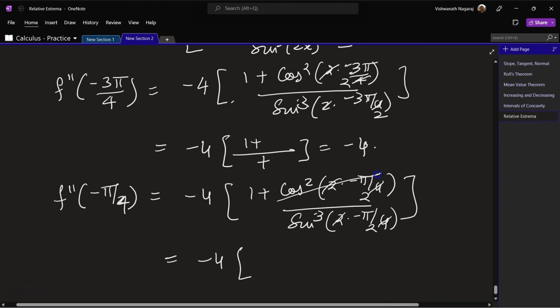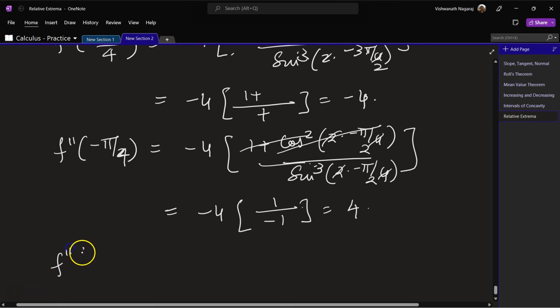This is positive. This is going to be positive. Now we have to figure out only this. Now sine cube minus pi by 2, sine minus pi by 2 is going to be minus sine pi by 2. Now sine pi by 2 is 1, which means this is going to be 1 by minus 1, which gives us 4.